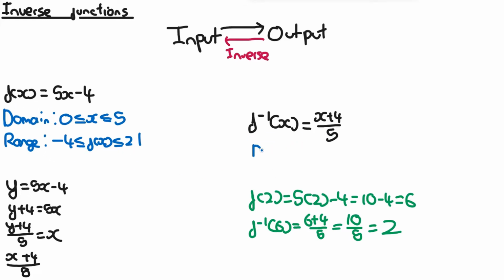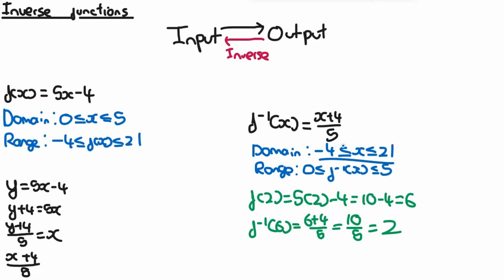So the domain would be between -4 and 21, and the range would be the domain of f(x). So the range would be between 0 and 5. So these are the set of values of x that you can put in, and these are the possible values that you could put out.